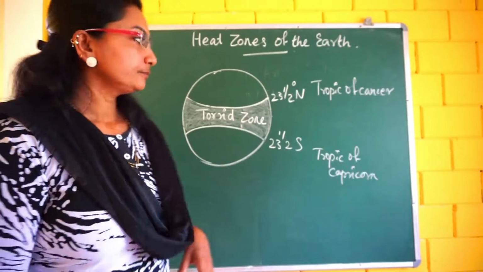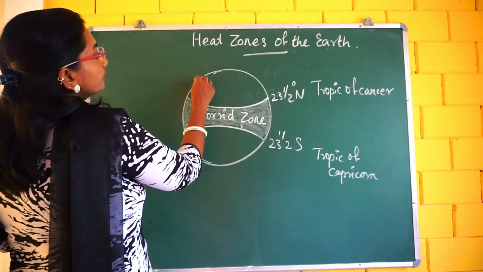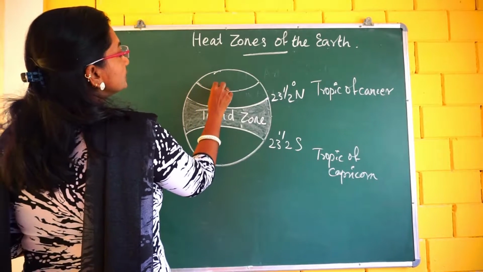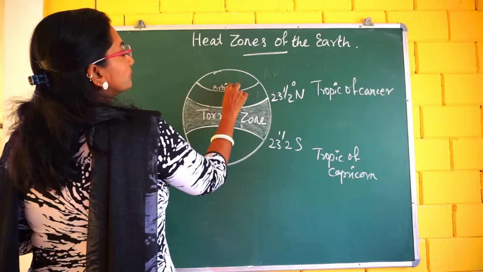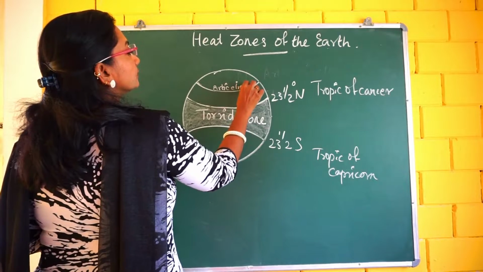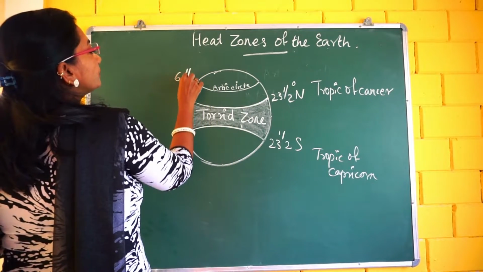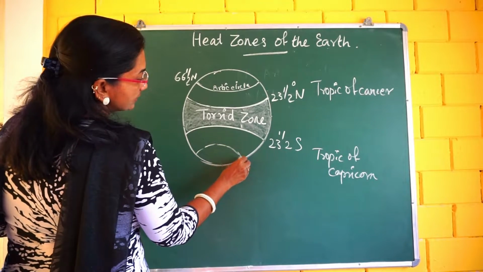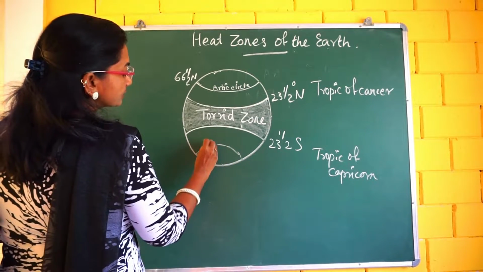Okay. Next, we learned another circle, the Arctic Circle. And what is its measurement? 66 and 1 by 2 degree north. And here another circle is there, the Antarctic Circle.